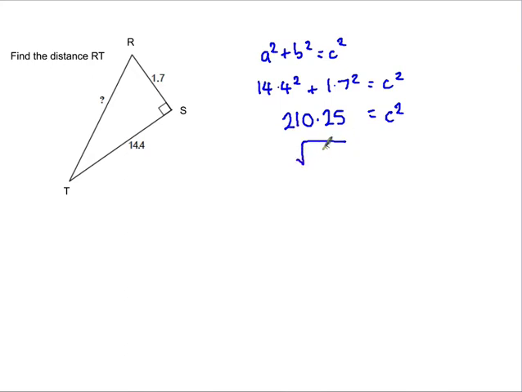So c will be the square root of 210.25. So let's take that into your calculator. Square root of 210.25, and that is 14.5.